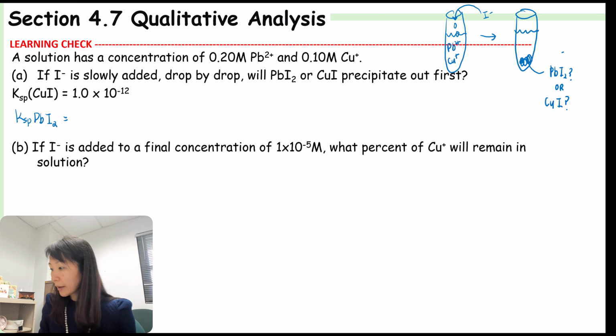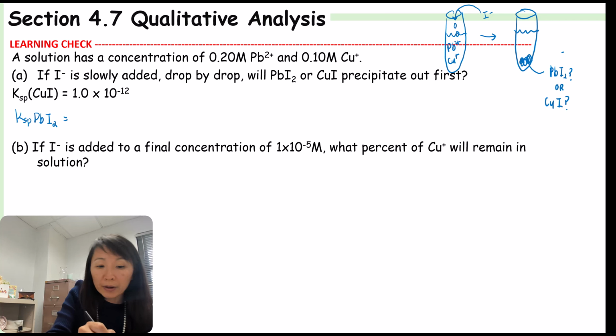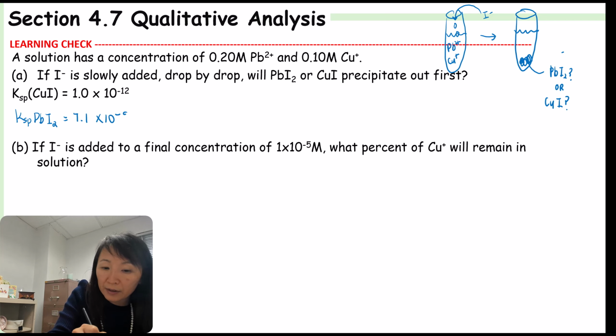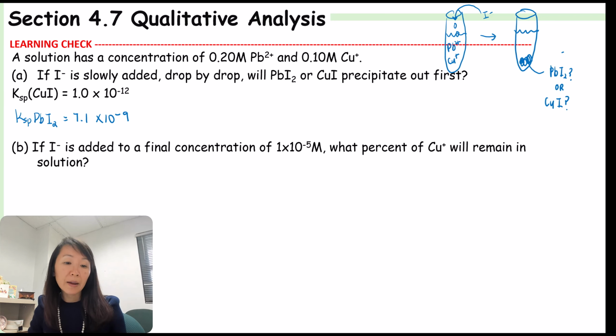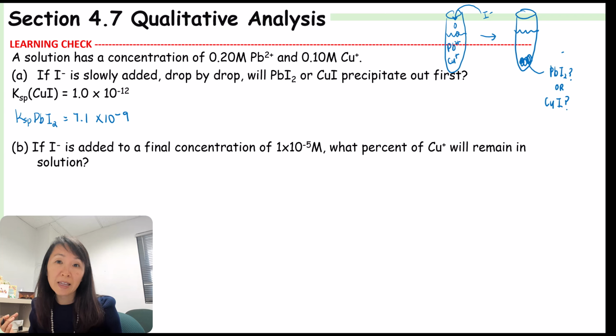You'll notice the Ksp, I actually have it written down here, for lead iodide would be 7.1 times 10 to the negative 9. Having a much lower solubility concentration lets me know that this is the one that will precipitate out first. They don't want to be in the ion format.